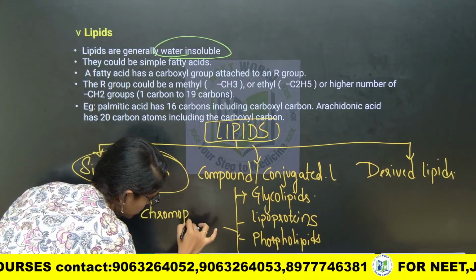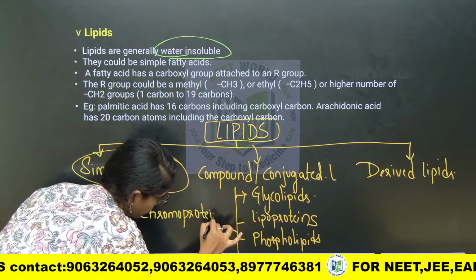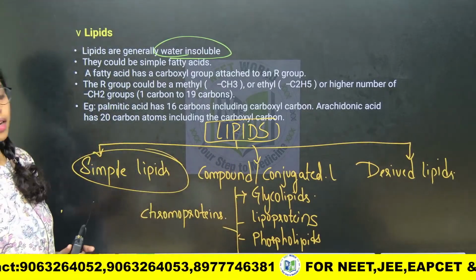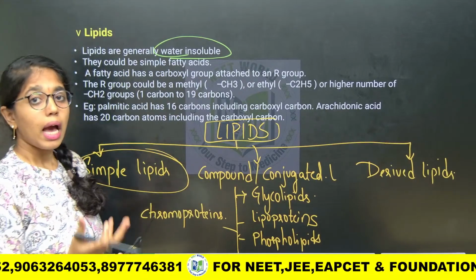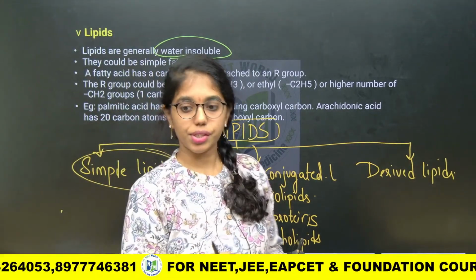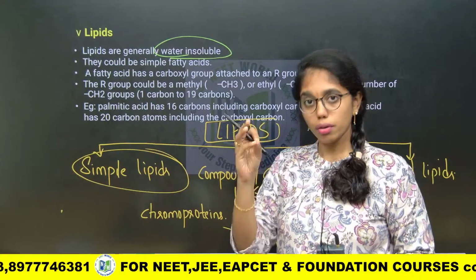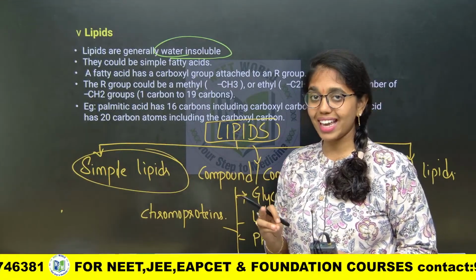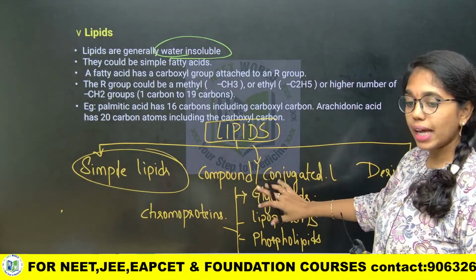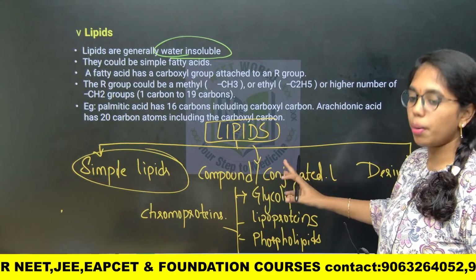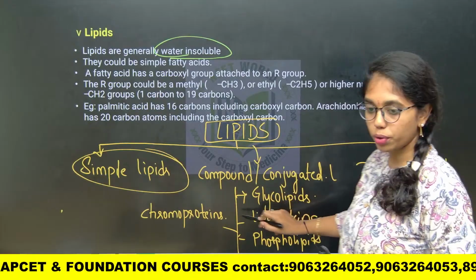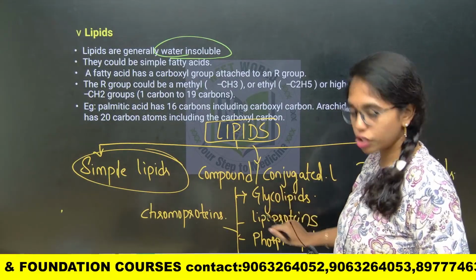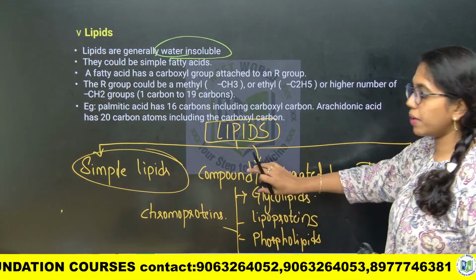These are kept under compound or conjugated lipids. Why? Along with the esters, which have glycerols and fatty acids, they also have other compounds, like phosphate groups, some lipoproteins or some glucose units inside. That is why they are placed under compound or conjugated lipids.